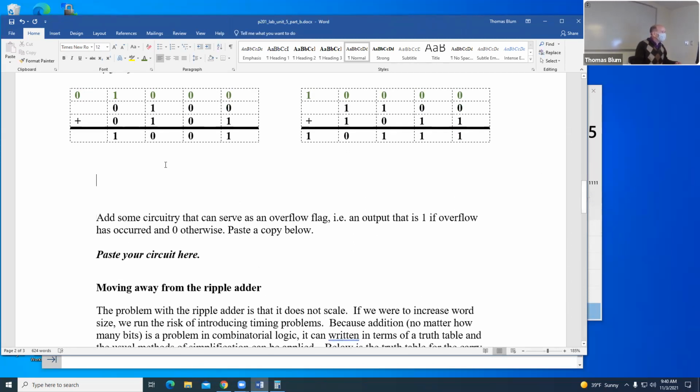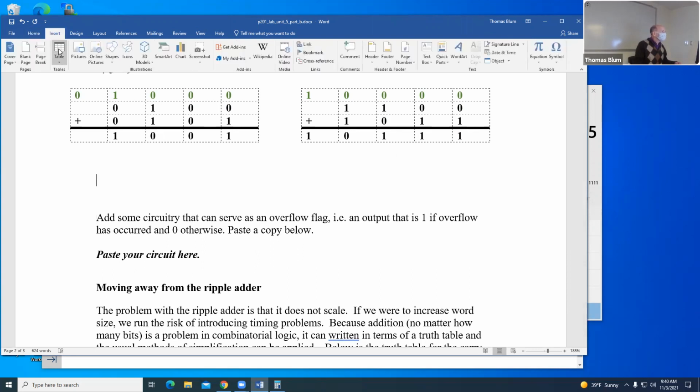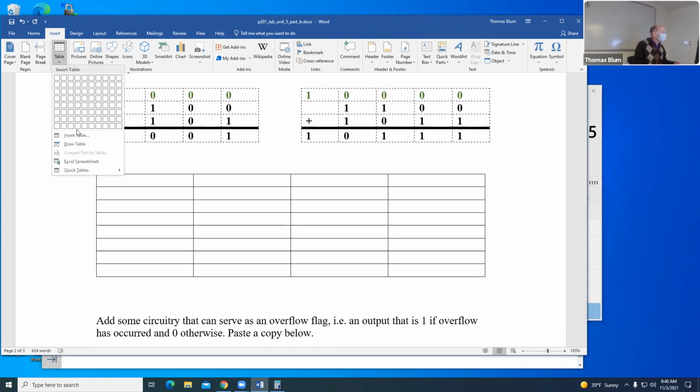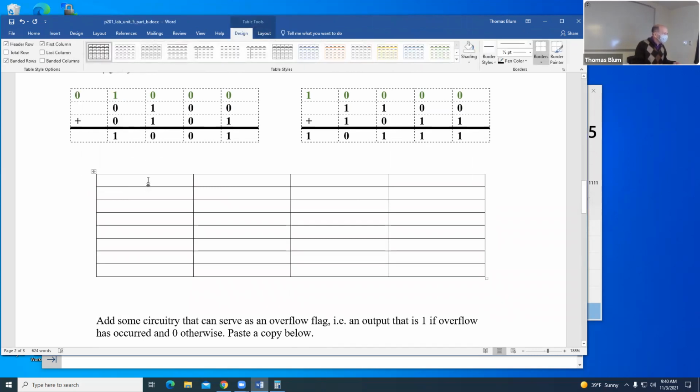What I will typically do is insert a table. Here is A, B, and the sum.